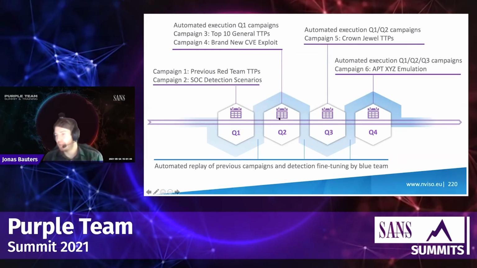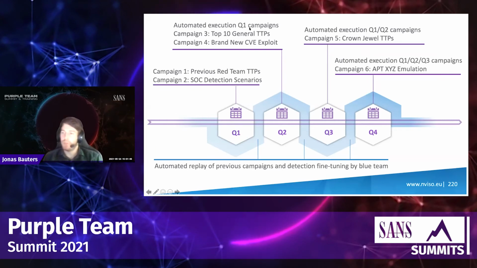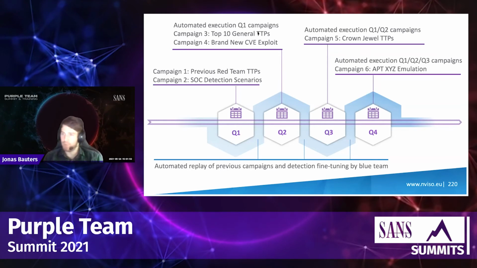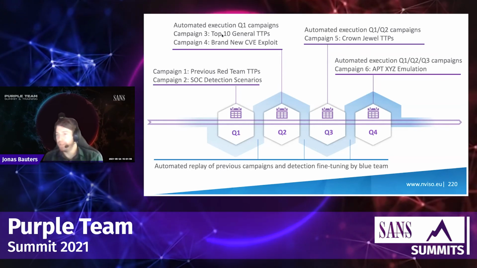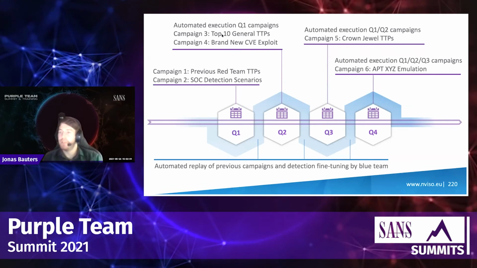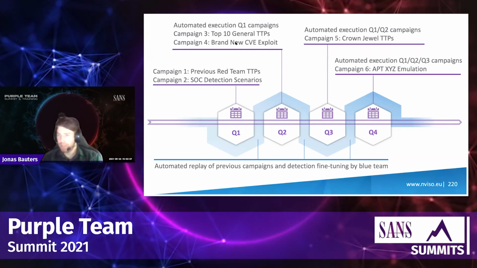Then in the next quarter, we come back. We leverage those replay packages as well to execute the Q1 campaigns again and report on improvements. And then we implement new campaigns. For example, the top 10 TTPs used, which could be based on the Red Canary threat report, or a brand new CVE for which a proof of concept has been published.